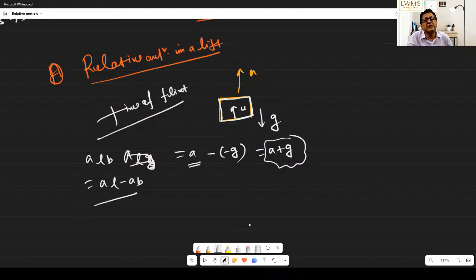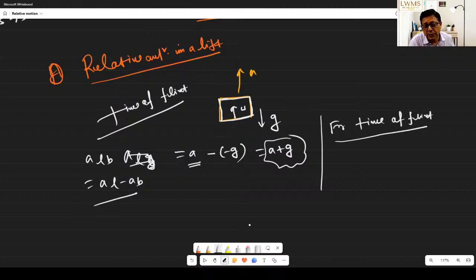Now, time of flight means the time taken by the ball to strike the floor of the lift. So how do you get it? For time of flight, we'll be using this relation: S relative equals U relative into T minus half A relative into T square.